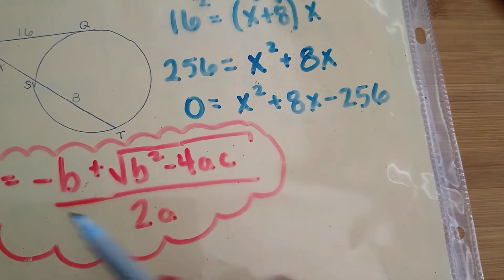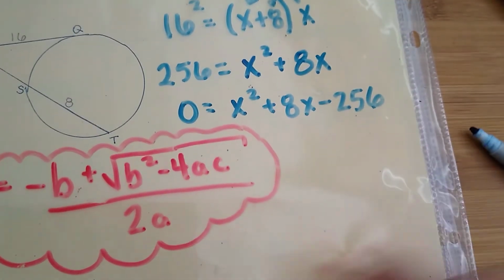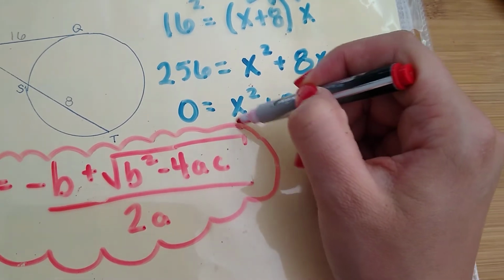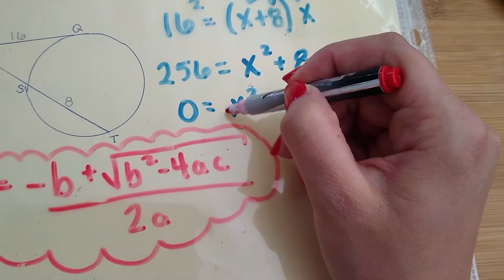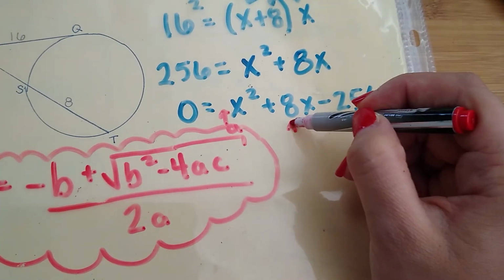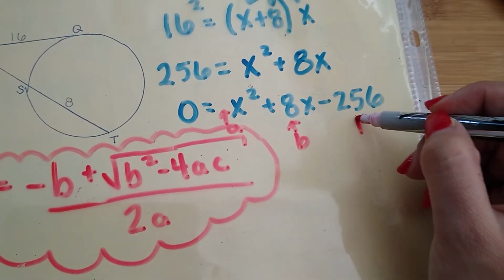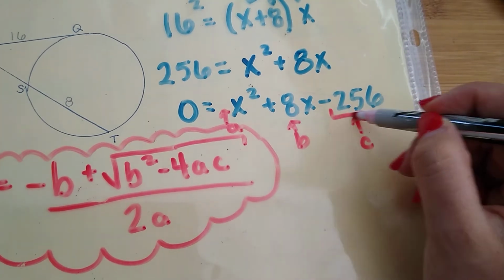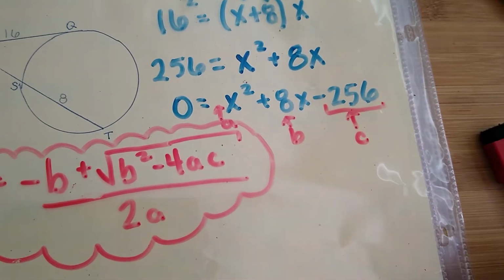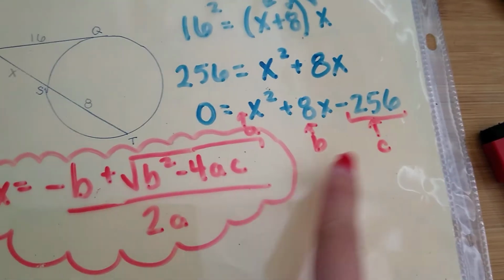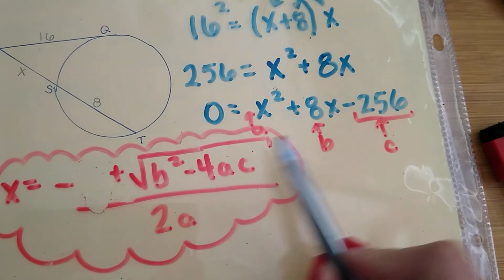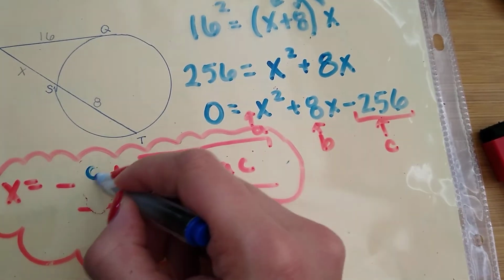So I'm going to label the parts here. Remember, my A part is whatever is in front of this letter. So this is A, this is B, and then that whole thing is C. So I'm going to fill it in directly. So negative B. B is 8.